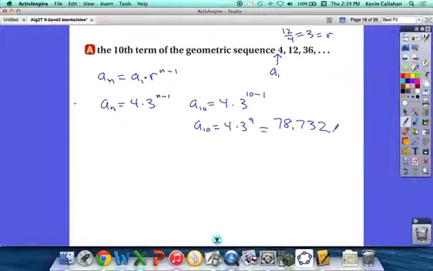So easy stuff? No. Back to square one. Back to the drawing board. What's that? 78,732. Do you not get that? Got to multiply times 4. 4 times 3 to the 9th. Good, Sandy?